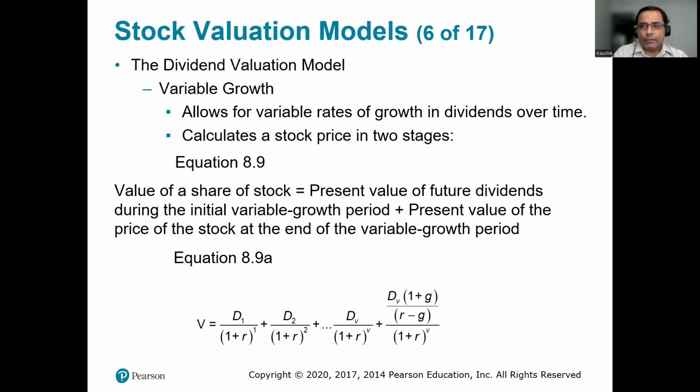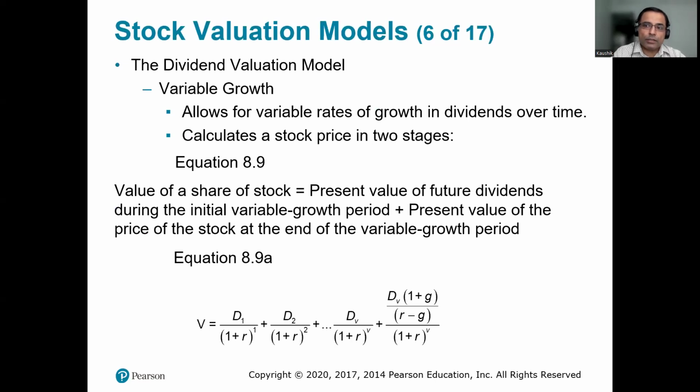Then we look at the variable growth dividend model. So in this case, we expect a high growth rate for the first few years, and then we expect a stable growth rate over the remaining years. So we discount the dividends paid during the high growth rate period to their present value. We also find the stock price at the end of high growth rate period.